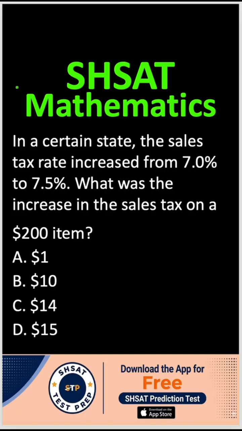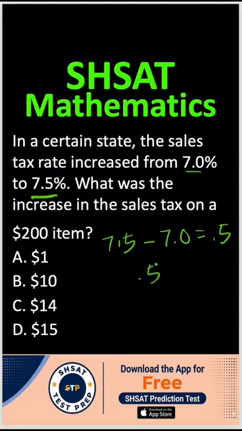Next, we have, in a certain state, the sales tax rate increased from 7% to 7.5%. What was the increase in the sales tax on a $200 item? So let us find the difference of the sales tax rate, which is 7.5 minus 7. So that's 0.5.